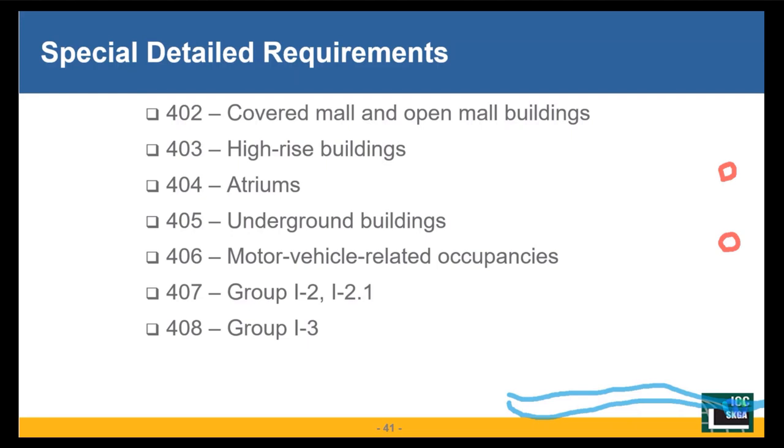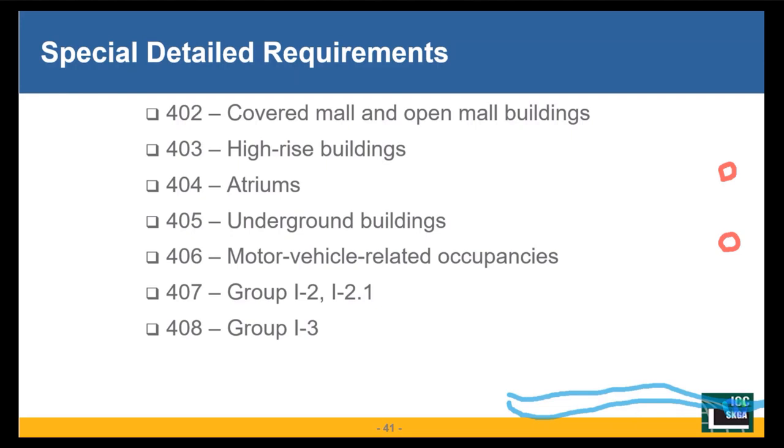Then 407 deals with Group I-2, hospitals and nursing homes. Group I-2, for example, the corridors must be continuous to the exits and must be constructed as smoke partitions, sprinklers required, also automatic fire detection systems and fire alarms are required, again, because of the risk of these occupancies in use.